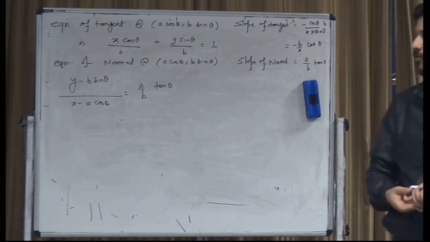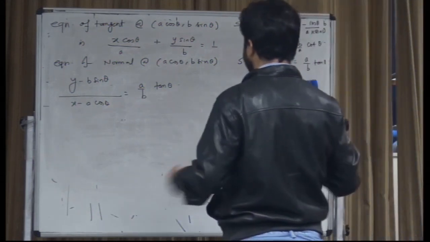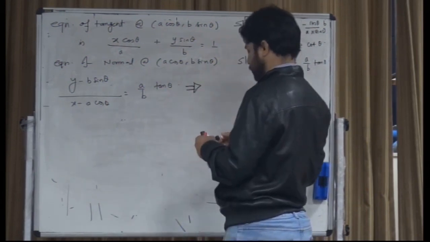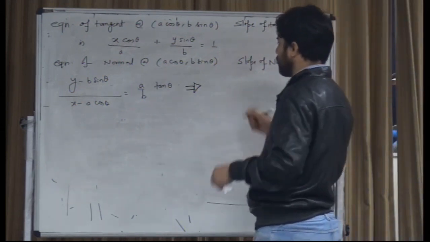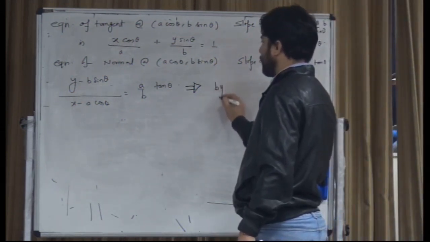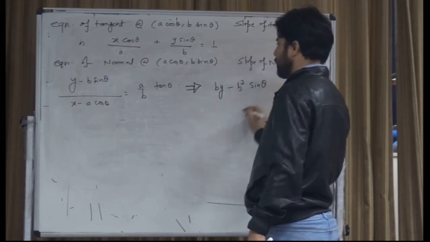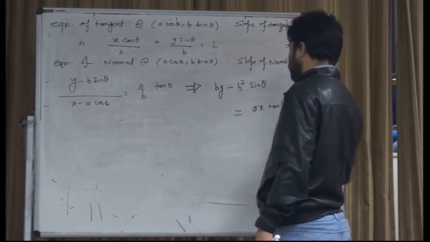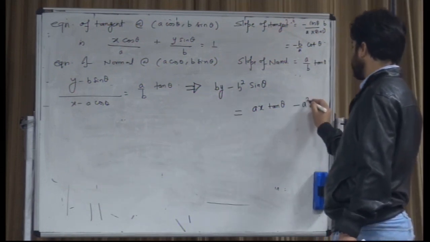B will get cross-multiplied and x minus a cos theta will go on the right side, right? So you will get something like ay minus b square sine theta is equal to ax tan theta minus a square sine theta.